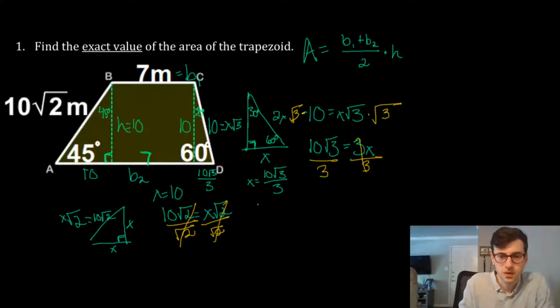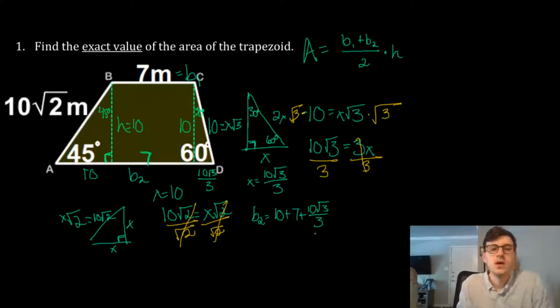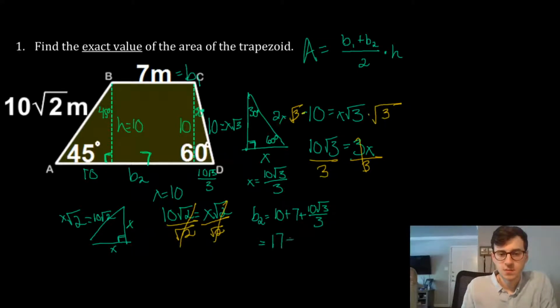So base 2 is 10 plus 7 plus 10 root 3 over 3. And, well, we can go ahead and simplify this. That's 17 plus 10 root 3 over 3. And maybe let's leave it like that for now.